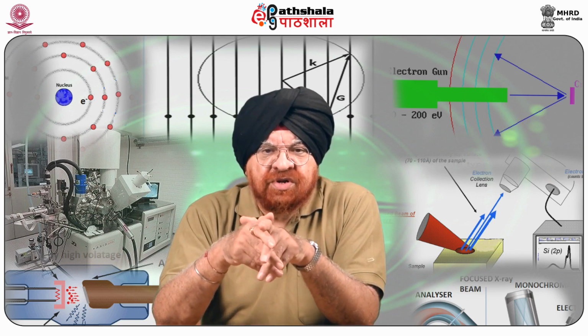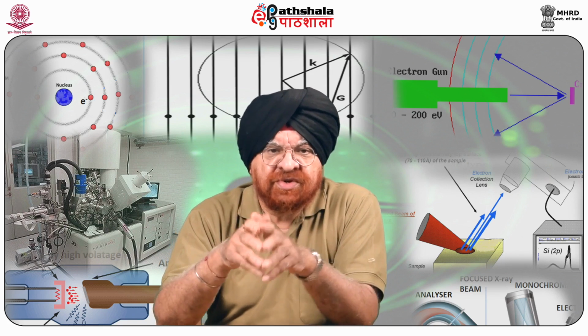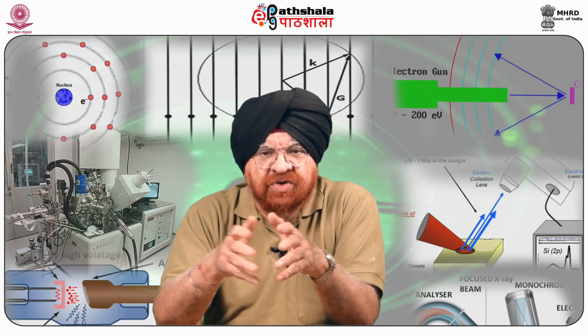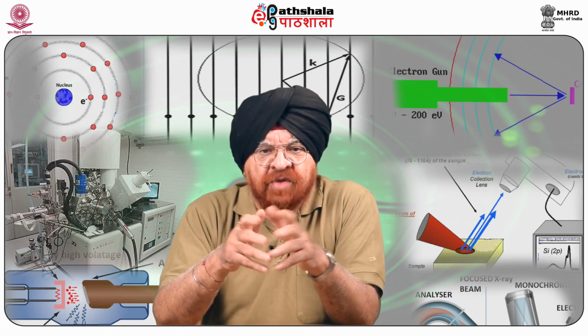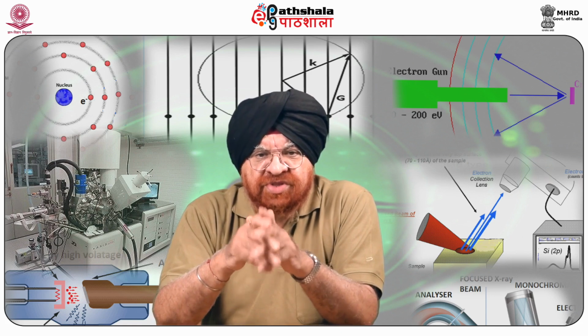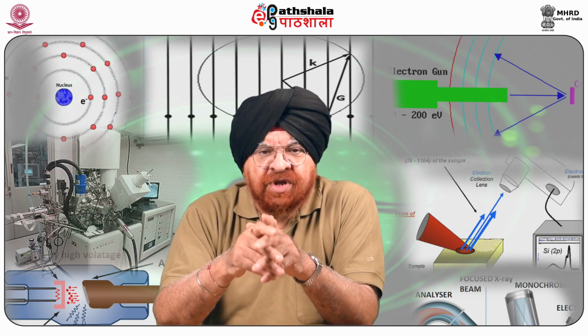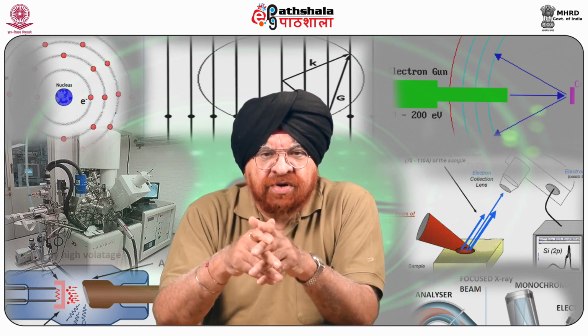Now students, we shall learn about the primary operating condition of SIMS. Ion bombardment of a surface may lead to drastic changes in chemical composition and structure. These changes are like sputtering, amorphization, implantation, diffusion, chemical changes, and so on.